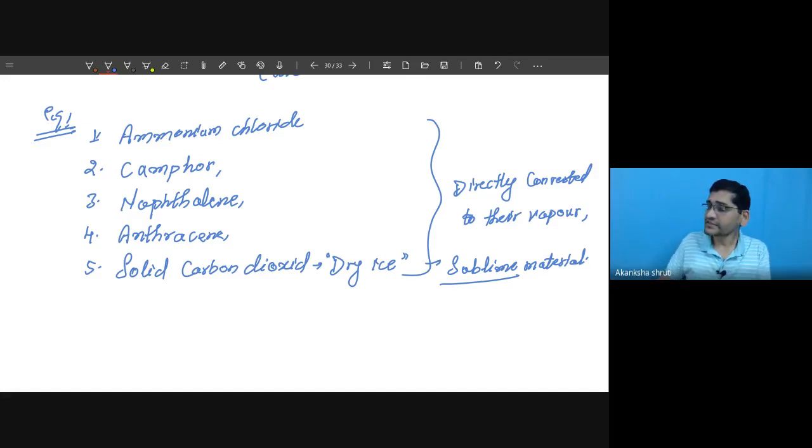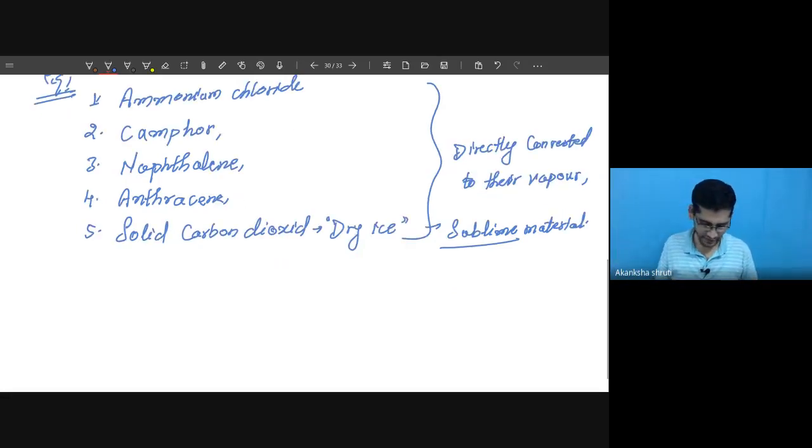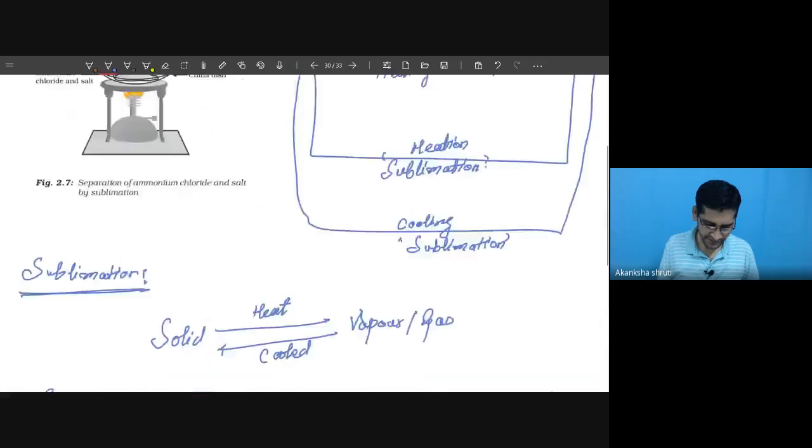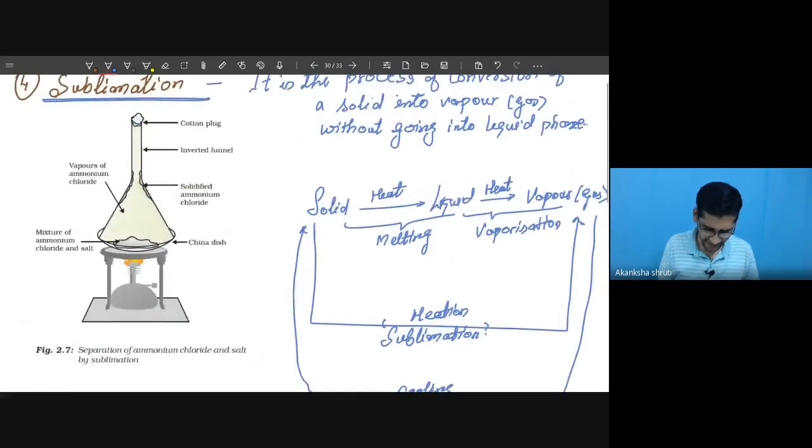If a mixture contains such a sublime component, then on heating that mixture the sublime component will convert into vapor, but the other component will remain in the dish in which you are heating. This is the principle.